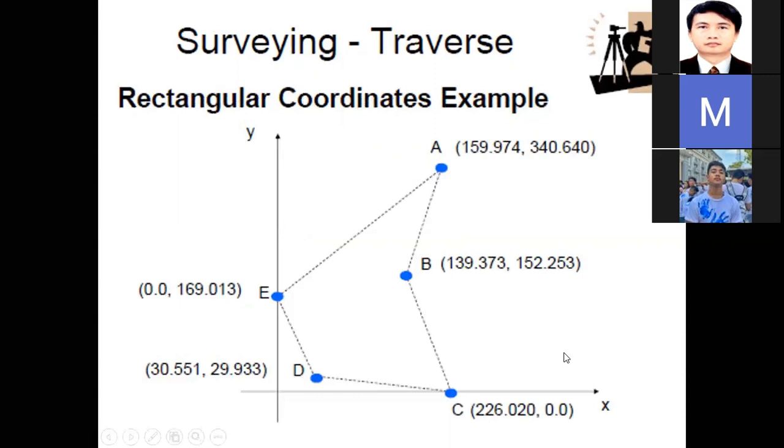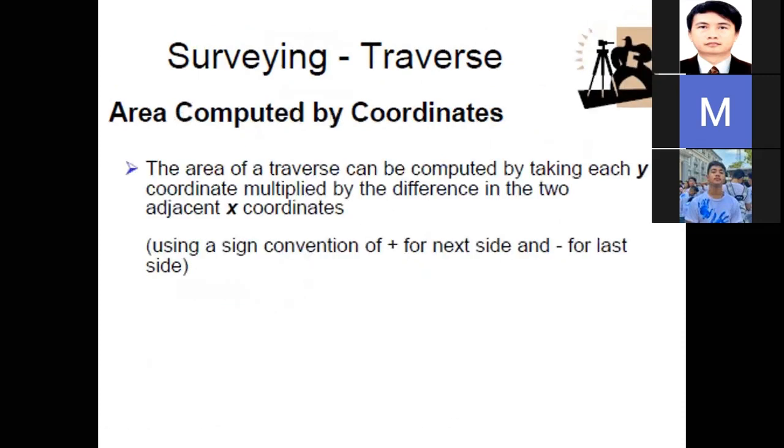Okay. So we can summarize our answer in this form: the x and y values of point A to point E. So the area can be computed by coordinates.